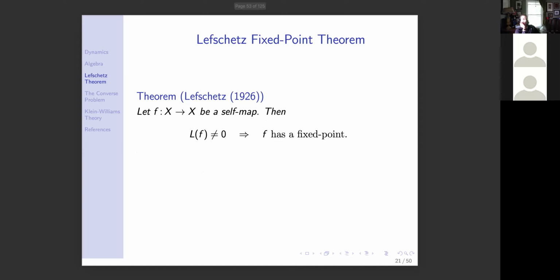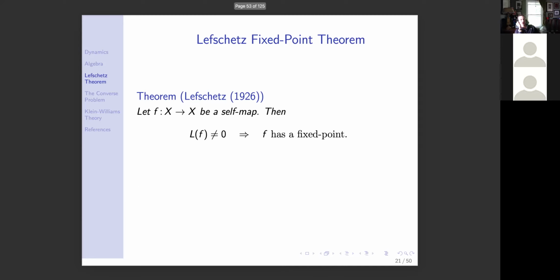And the theorem of Lefschetz, which dates from 1926, is that if you have a self-map and the Lefschetz number is non-zero, then F must have a fixed point. That's the implication. So this gives you a criterion for deciding if a map has a fixed point. Okay, so that's the theorem.